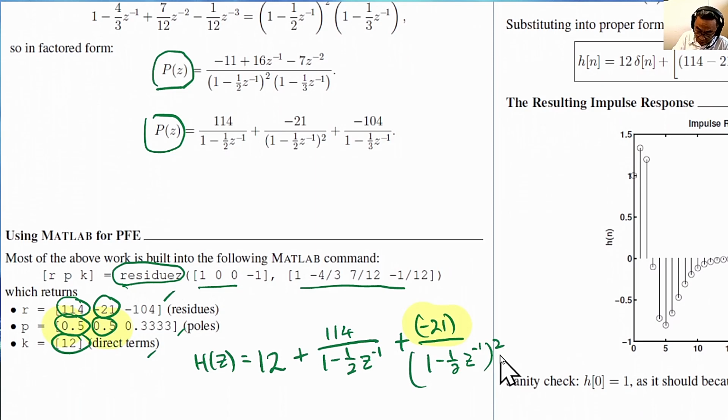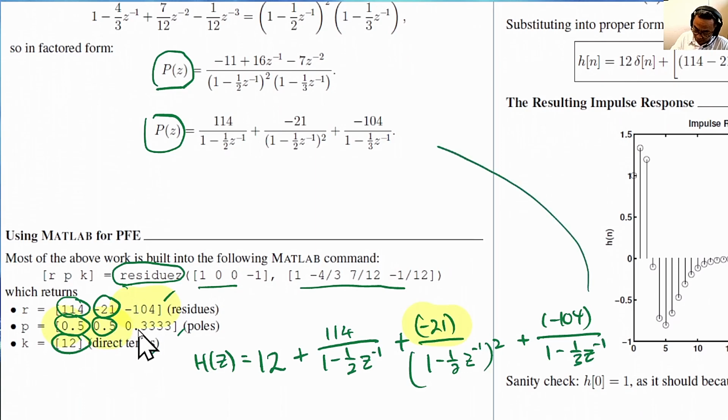And the last one, minus 104, goes to the third term here, plus minus 104 divided by, and in this case we have a new pole, so it is 1 minus 1/3 z to the power of minus 1. So you compare and you see that this is how we get this equation. This is of course P of z, and this 12 was what we have on the top.